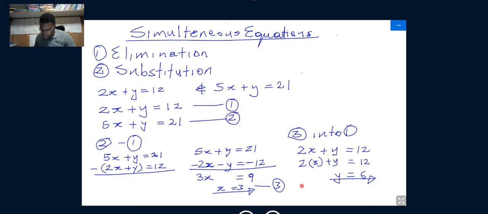So we have a point of intersection. We know the coordinates are x, y, and therefore we have (3, 6).